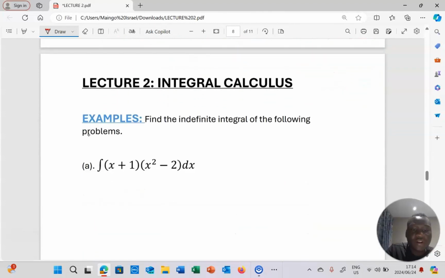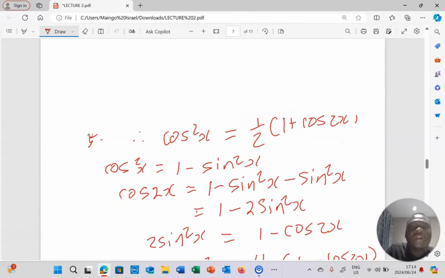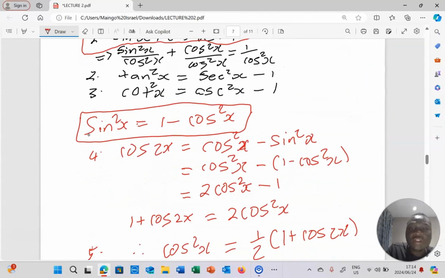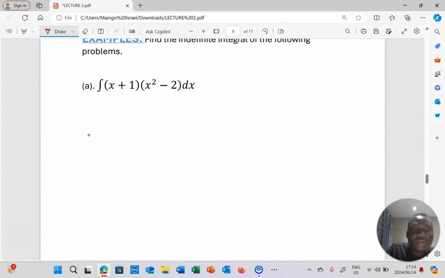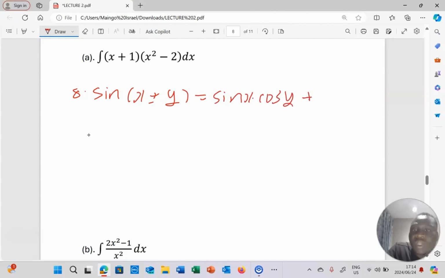Again, we have other laws, like expansion laws, to say sine of x plus or minus y equals sine of x times cos y plus or minus sine y times cos x. So that's what we talk about.